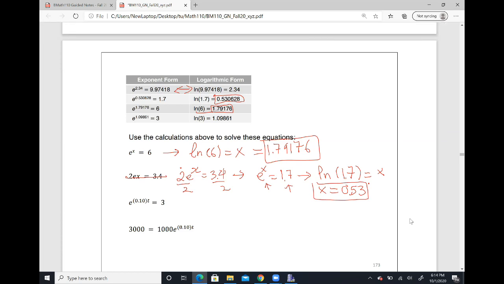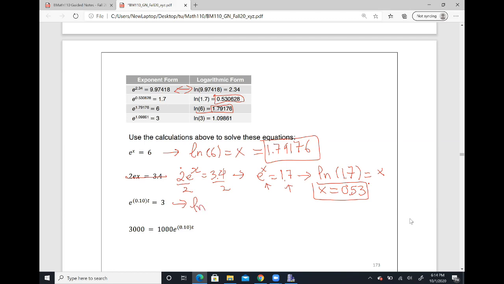That's it. For the next problem, I have e to the power 0.10t equal to 3. Let's see what I'm gonna do. I'm gonna convert it to log form.